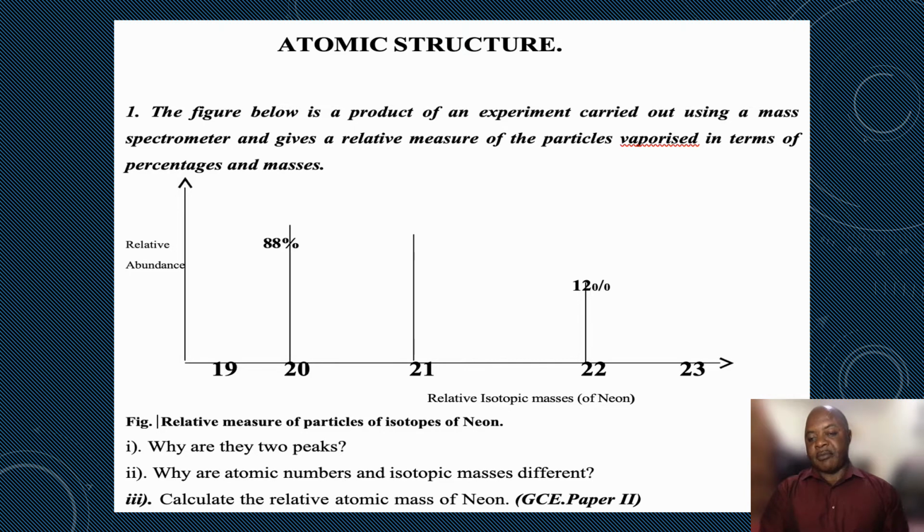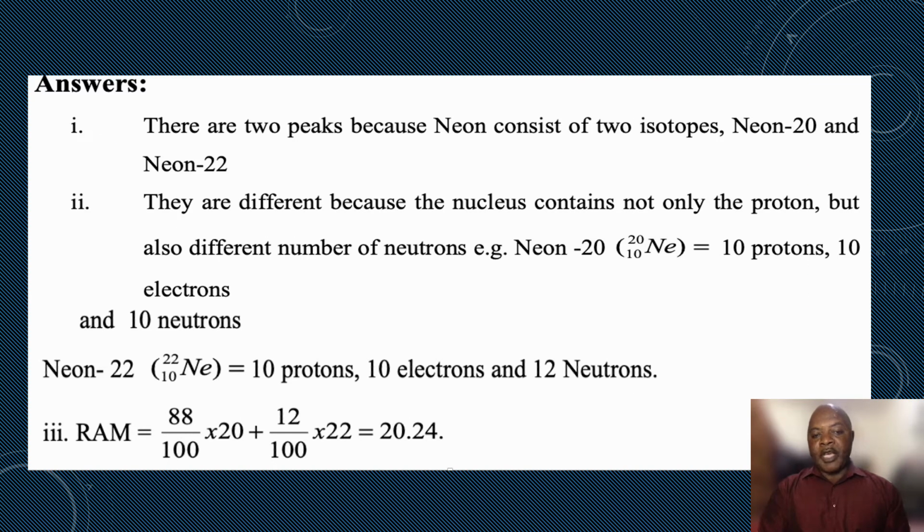You have the same thing. It will give you the same figure. So that is how you can calculate the relative atomic mass of an element given the relative abundance in percentages and the isotopic masses. Okay, let's move to question number 2.